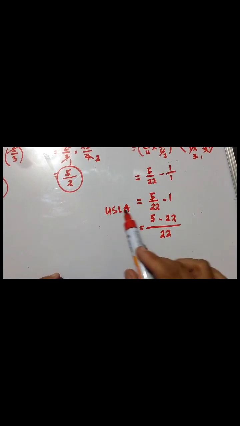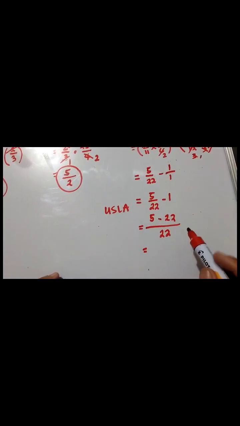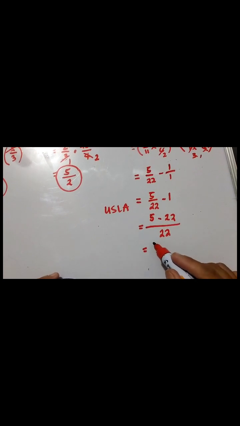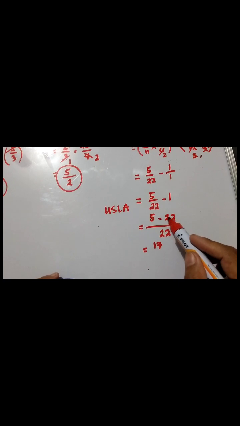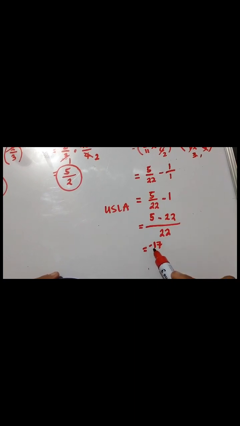Like signs, add. So we will subtract this. 22 minus 5, that is 17. And since 22 is bigger, we will copy its sign, that is negative, over 22.